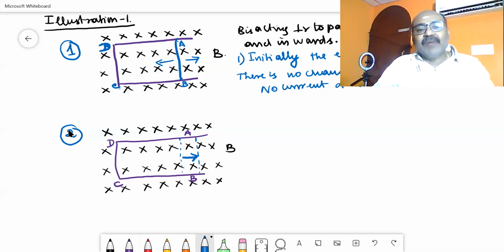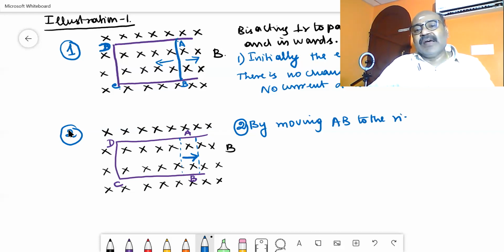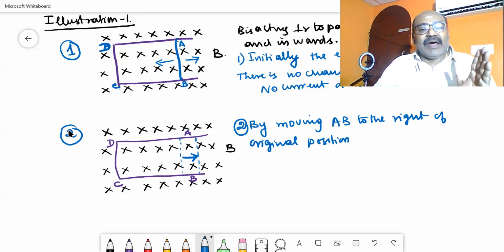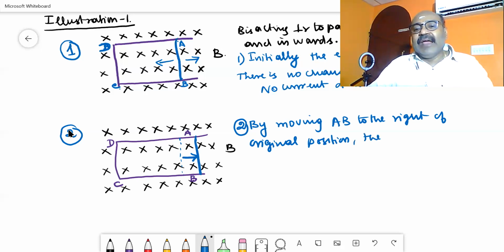So what is the second concept? By moving the movable end AB to the right of the original position, the area enclosed increases.